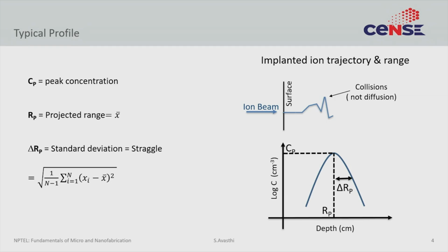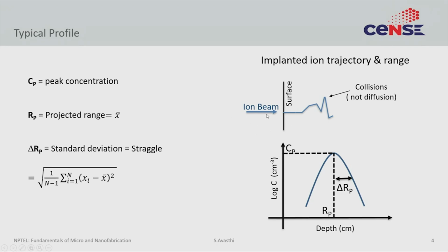The only big difference is that in diffusion you only get half of a Gaussian. So, you only see this half of a Gaussian, while in ion implantation you actually see the full Gaussian. And one way to understand why that is happening is to just look at the figure here. Supposing you are getting an ion beam and you have a surface. So, this is vacuum.